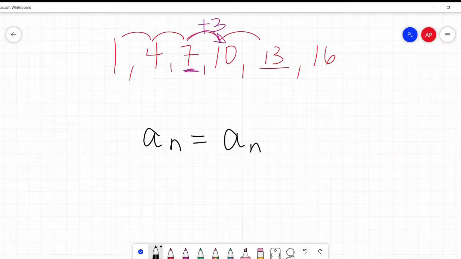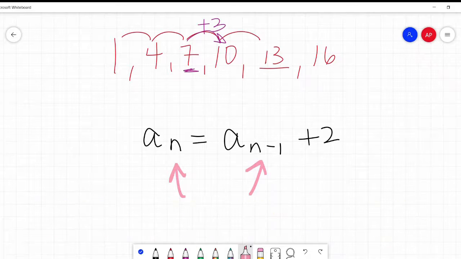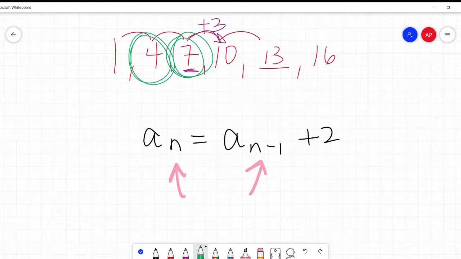And we say it's a sub n minus 1 plus 2. So if you have the 5th number, like a sub 5, then we would take 5 minus 1, the 4th number, and add 2. So that's all this is saying: if you want to know the 3rd number, take the 2nd number and add, in this case, 3.